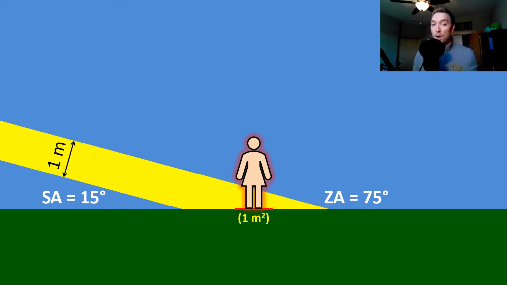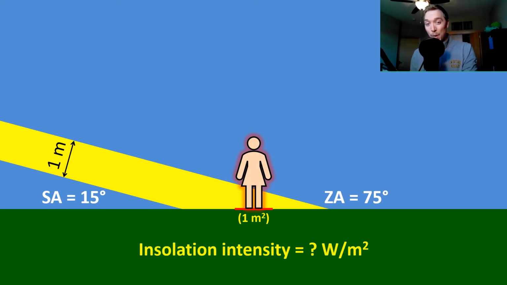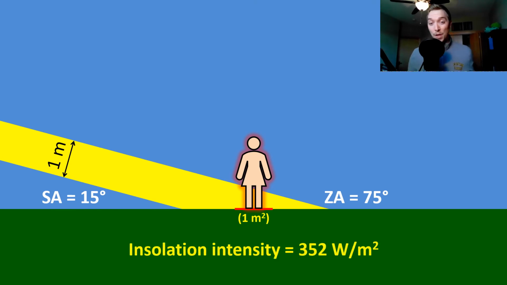That 1 meter squared section is getting less energy because that band is at such a low angle and it's so spread out over the surface instead of being concentrated on the surface. And this is a really good part of the visual to kind of see that. So go ahead and figure out the insolation intensity here. Go ahead and pause. You get 352 watts per meter squared.